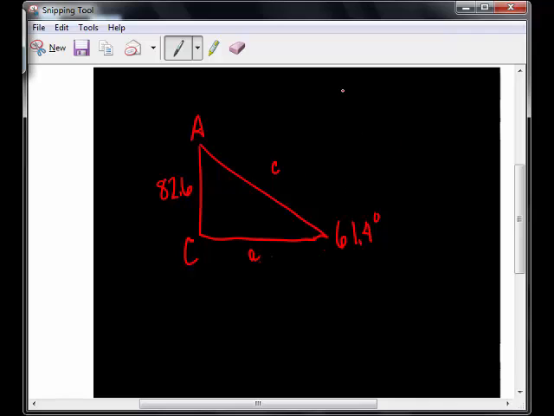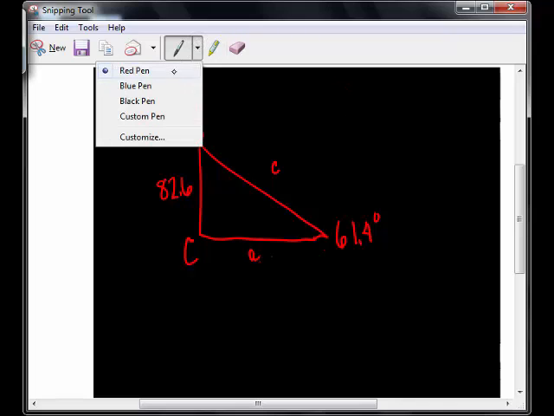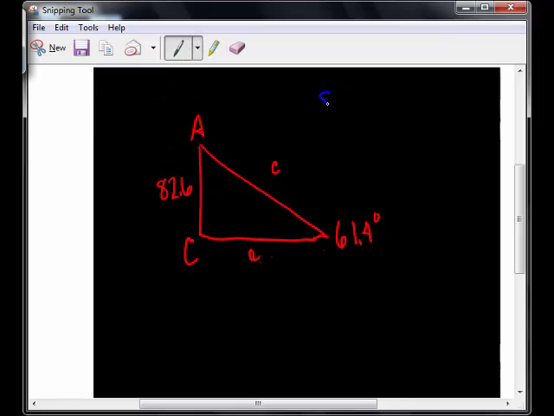So for this angle, C is the hypotenuse, so we would use the sine function.